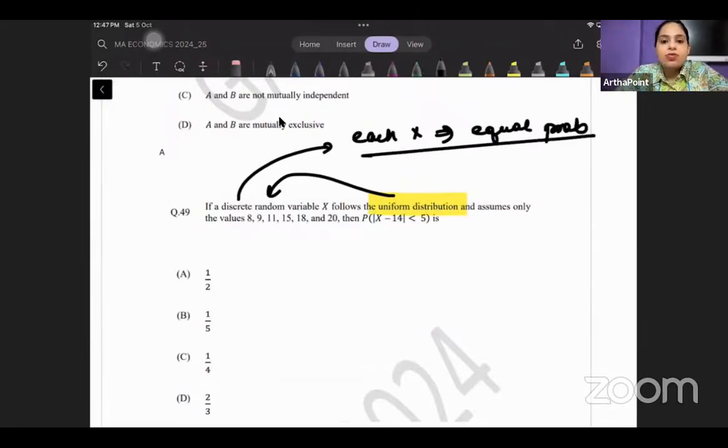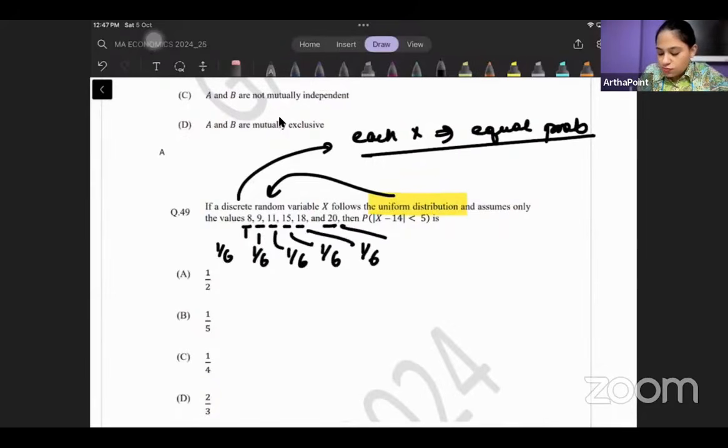Each x has equal probability. So kitna x is it? This. So each one of them will have the same probability. So there are 6 x's, 1/6 probability to each one of them. Now try to solve this question. Give it a try.